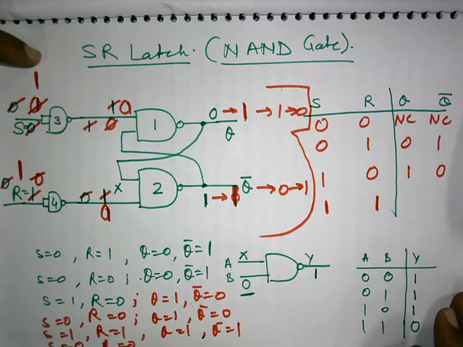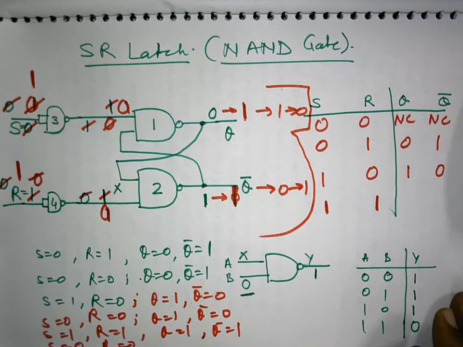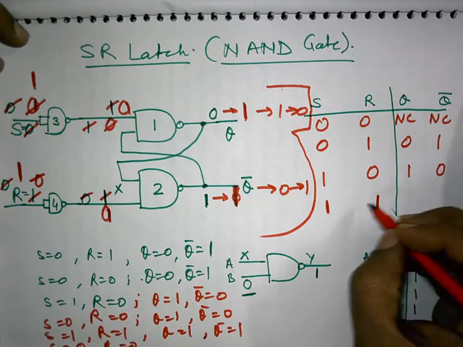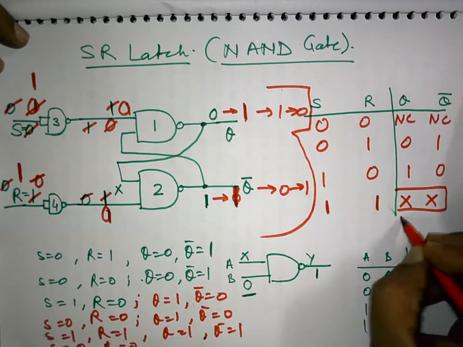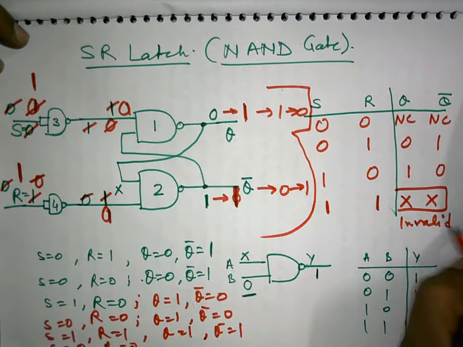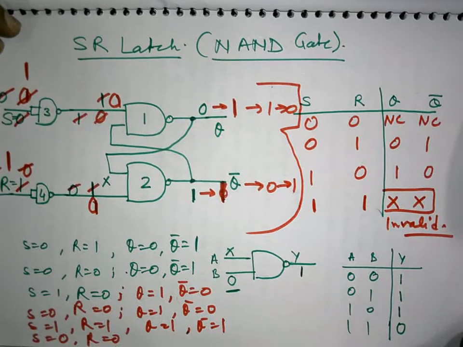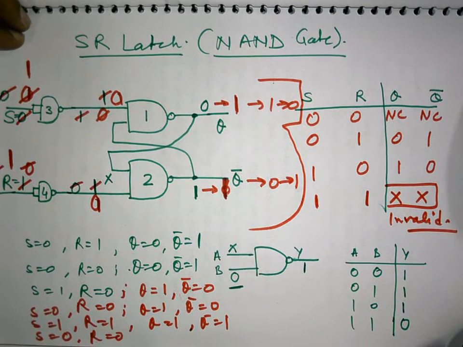What has been given to it, it should memorize. It should always retain that situation. So if we apply 1, 1, then it produces an invalid situation at the output. So these are the different input output situations for the SR latch made up of NAND gates.